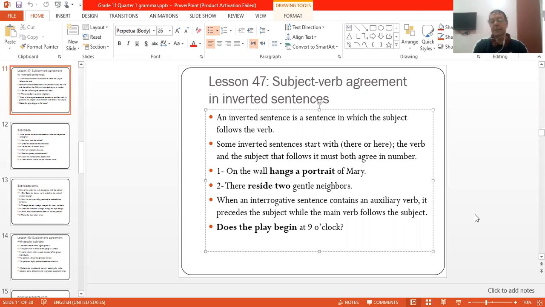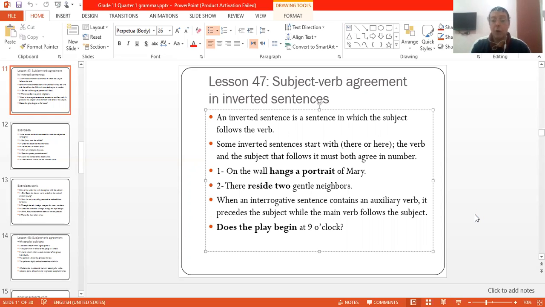And let's not confuse that with the object of the preposition in the prepositional phrase. So on the wall, if I say on the walls, I must say hangs a portrait, because hangs here does not agree with the walls.